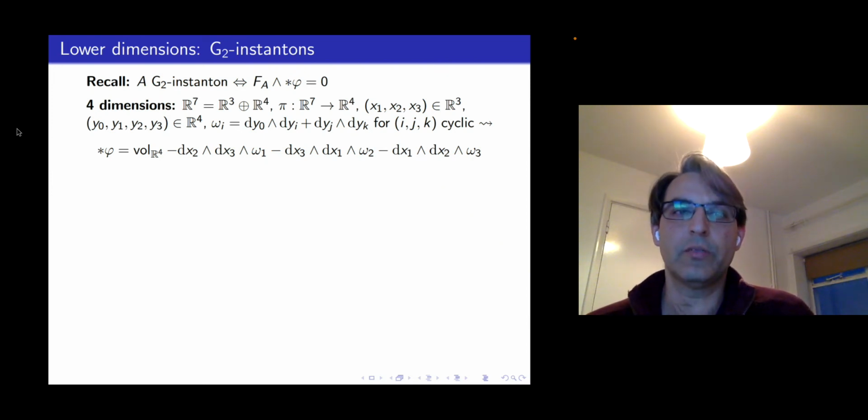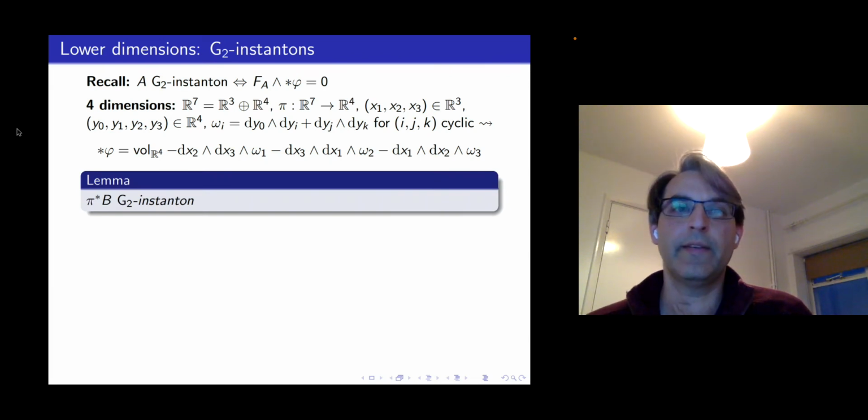So it's not too important what the formula is, but what we can see is that from this formula, we can immediately deduce the following result. It says if you have a connection B on R4 and you pull it back to become a connection on R7 and ask for that connection to be a G2 instanton, then what does it mean? Well, its curvature 2-form will always wedge with this to be 0, so that's no condition, but it has to wedge with this one to be 0, this one to be 0, and this one to be 0.